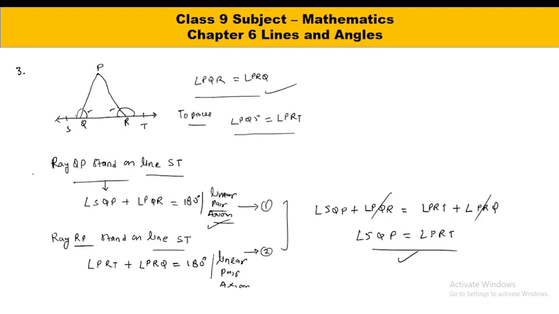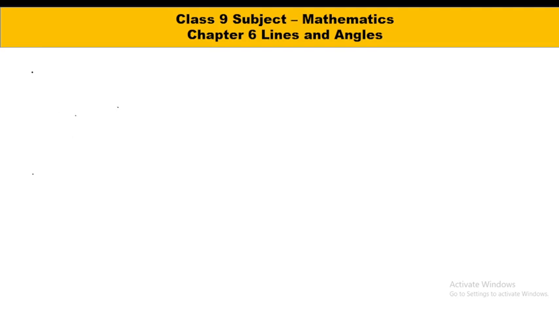Now after solving question number 3, we can solve question number 4. In question 4 it is given in figure, so we need to draw a figure. Here we can see a straight line AB is given, and from a point O a ray stands as OC, and from the point O another ray stands as OD.